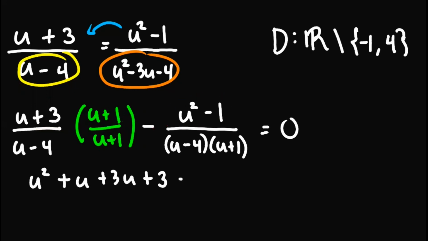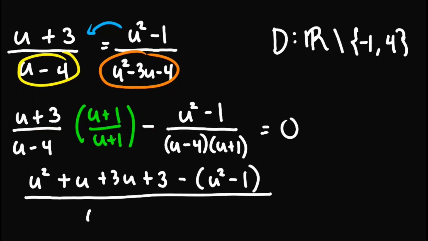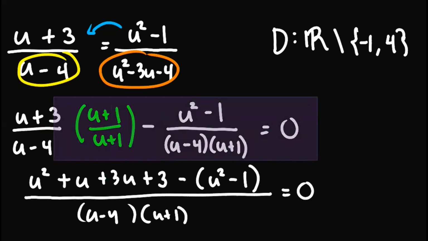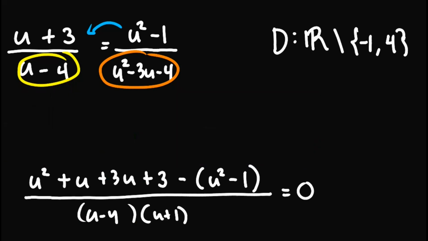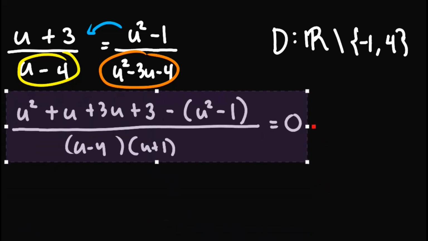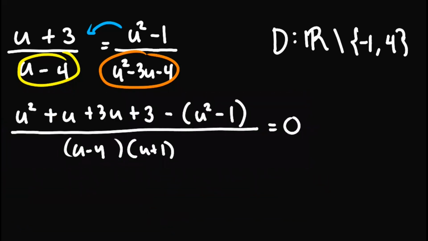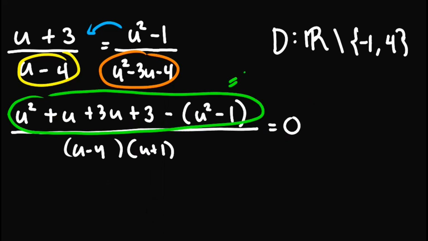That will give us negative u squared minus 1 over u minus 4 times u plus 1 equals 0. So with this, we can now apply the zero fraction method, which states that for this to be true, this one out here must be equal to 0.